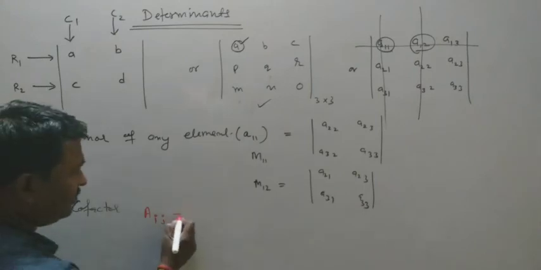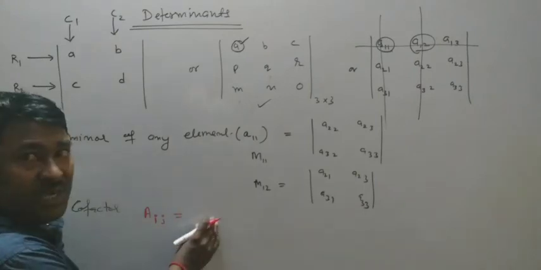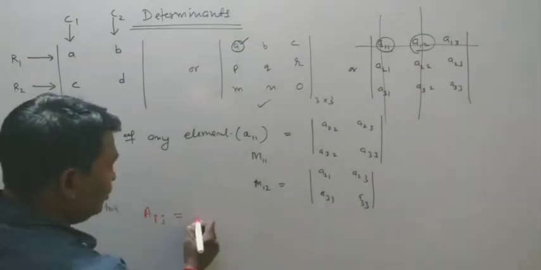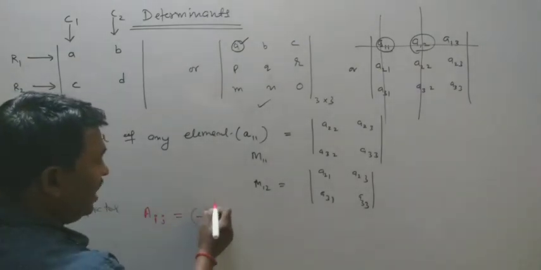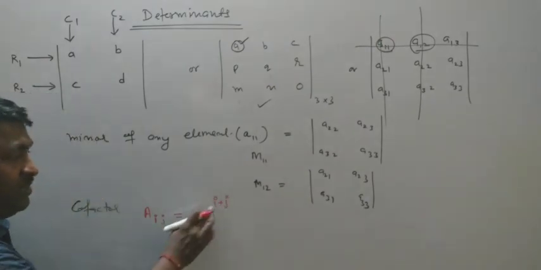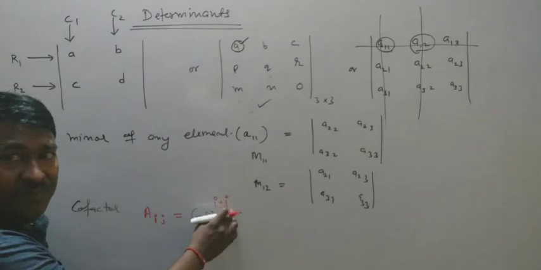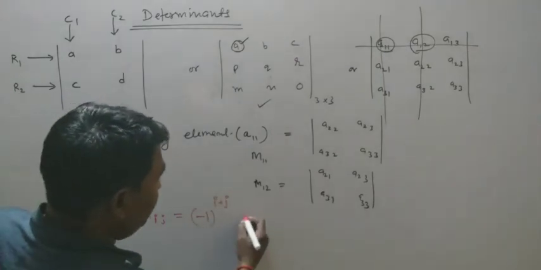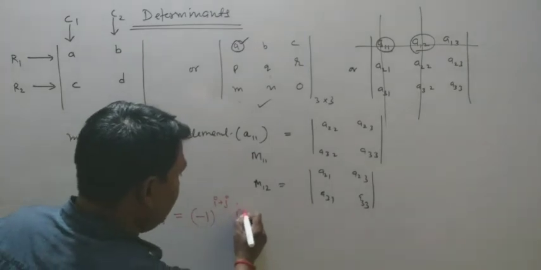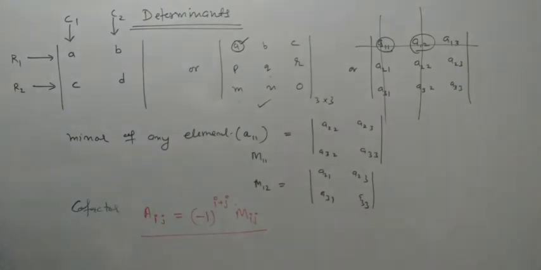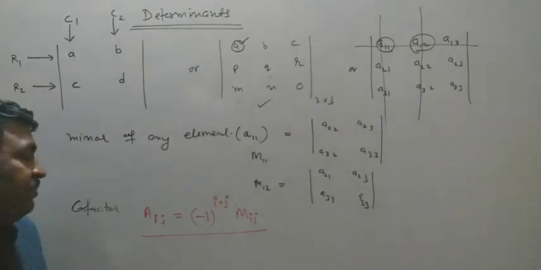So we write it, this one is equal to, here a right sign means proper sign. What sign will come? So for sign, (-1) whole power i plus j. Okay, (-1) power i plus j means number of row plus number of column for that particular element. Now see, this will be into minor Mij, means by using this relation we can find the cofactor of an element.